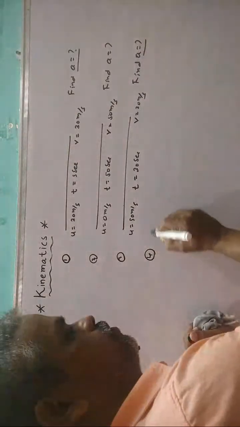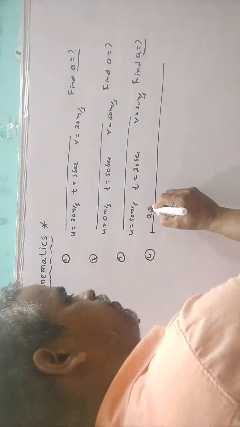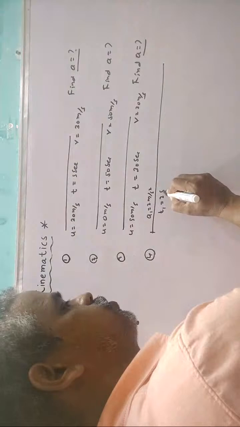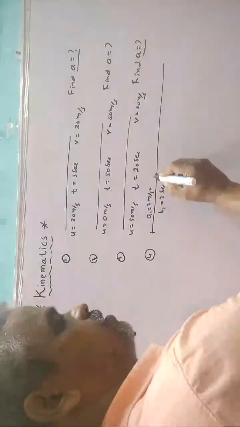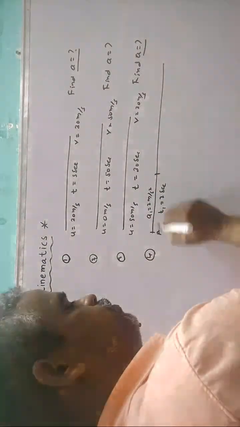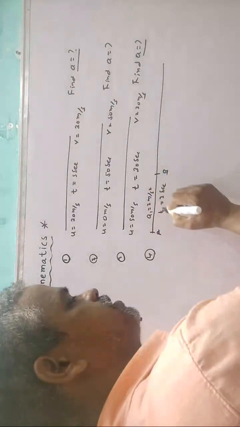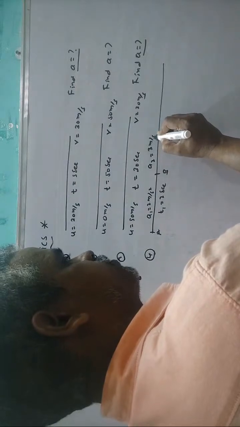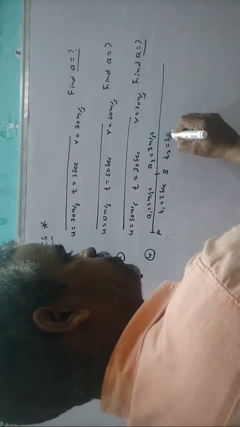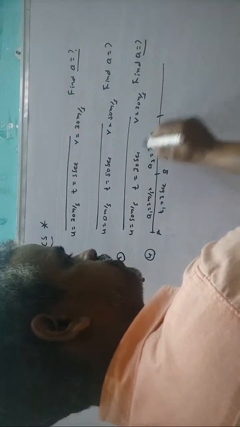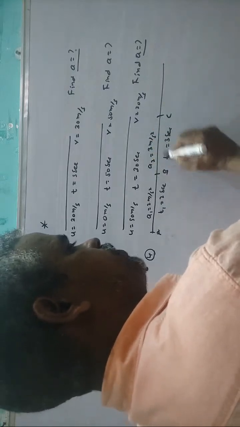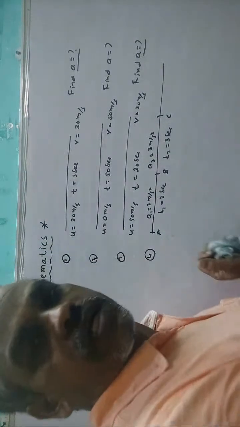Next, the fourth one. See, travel like this: a1 equal to 2 meter per second square, t1 equal to 2 seconds. From A to B, it travels with a1 acceleration for t1 time. Then a2 equal to 3 meter per second square, t2 equal to 3 seconds.